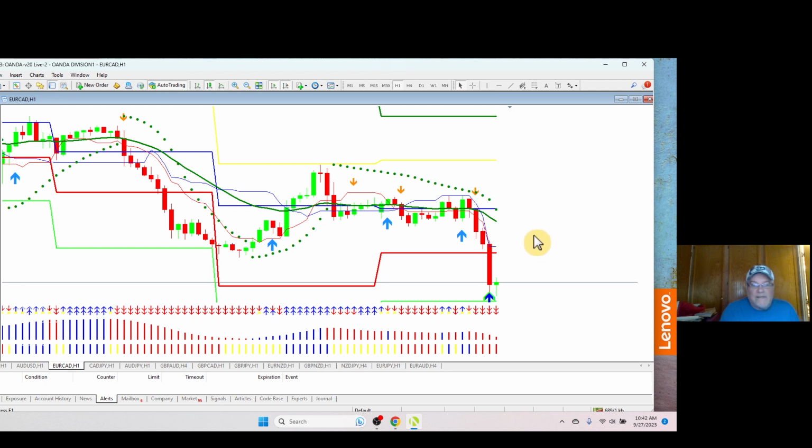So I wish I had people in the chat today so they could ask questions, but I'm trying to go over this stuff. I mean, like I said, the parabolic SAR, you can get that anywhere. The EMA 21, you can get that anywhere. The DeMark pivots are different, because these are based on 1 hour, and when I change to 4 hours, it's based on a 4 hour.